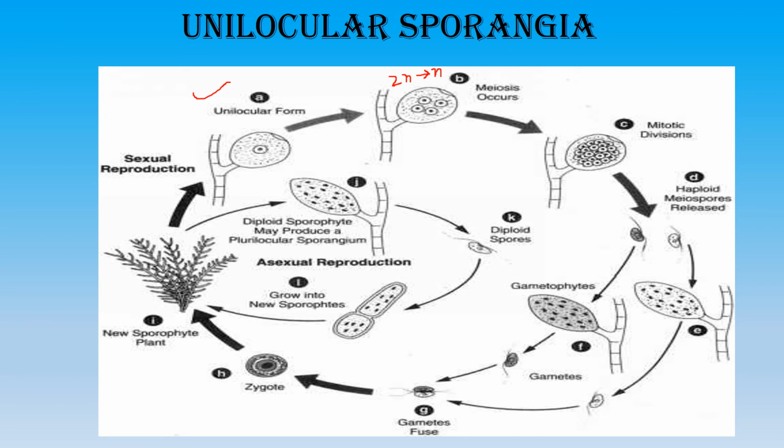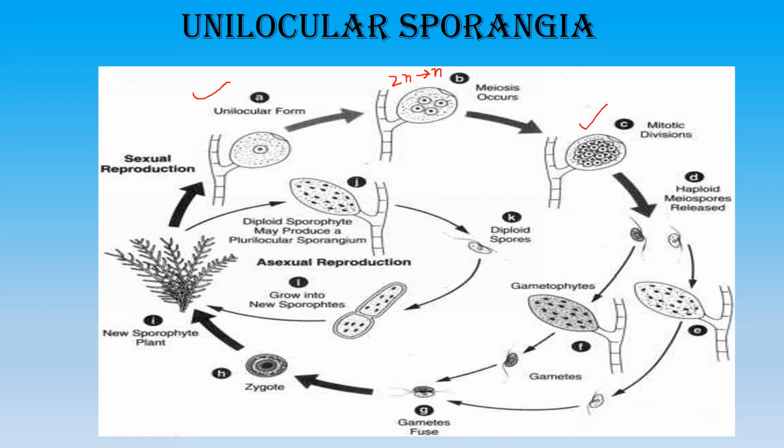This is a reduction division, and here one cell is converted to four cells, that is, one diploid cell is converted to four haploid cells. These four haploid cells undergo repeated division, as seen in C.